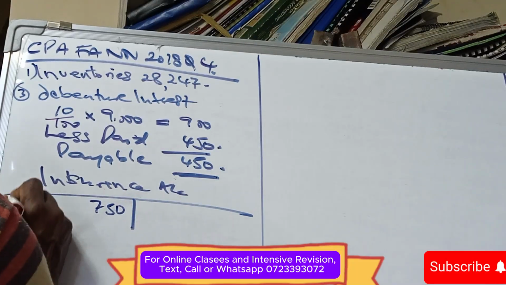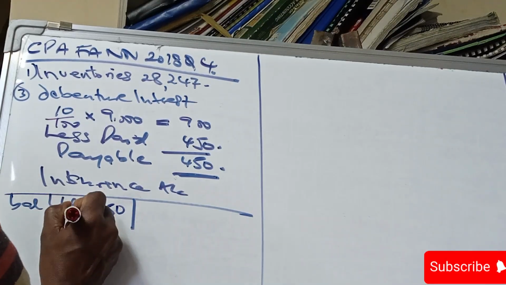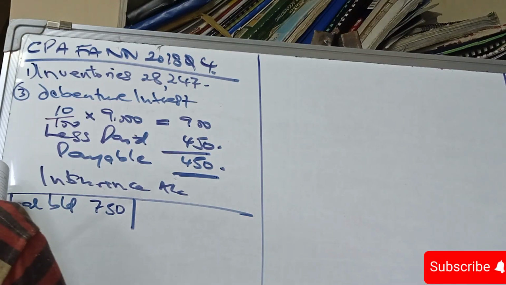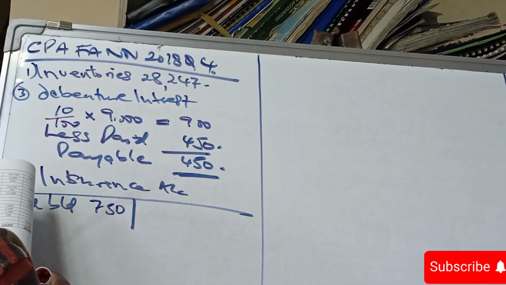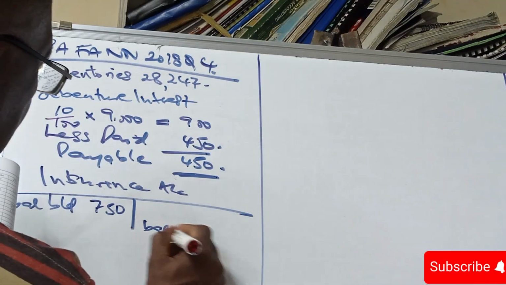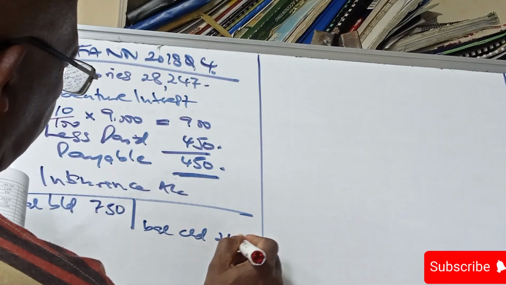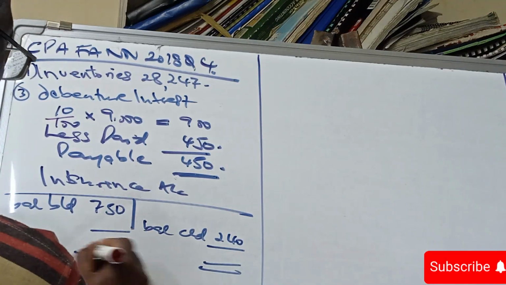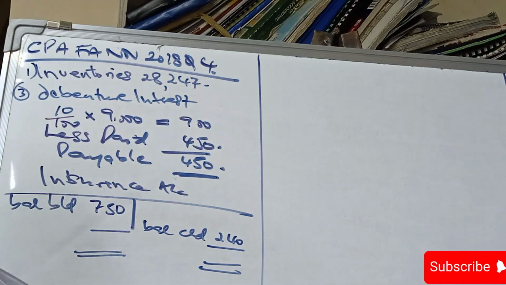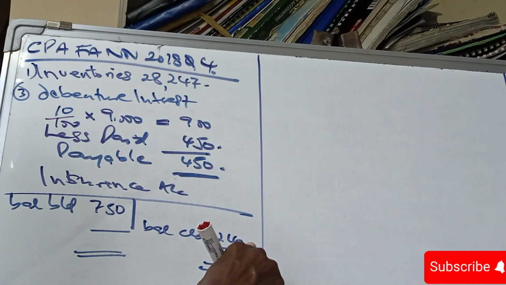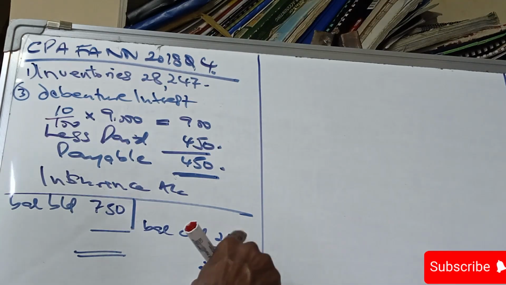Balance brought down is 750, and we are told the insurance premium, the one which was not spent, prepaid, is 240. Balance carried down is 240. It was not spent. We paid insurance 750,000, but although we paid 750, we did not spend all the insurance. Some insurance will be spent next year. So it's a current asset, a prepaid insurance current asset of 240.